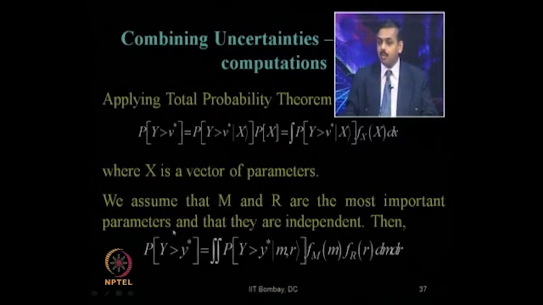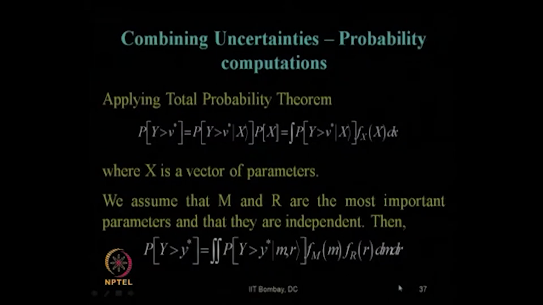So, we need to find out the dependency of them in this form, that is, probability of occurrence of one particular parameter or event greater than some y star will be given as double integration of probability of occurrence of that for a given value of m and r, multiplied with probability distribution function of that m and probability distribution function of that r, which are coming from the uncertainties involved in magnitude and the uncertainties involved in the distance. So, like that we can compute the conditional probability, or combine probabilities together, clear.